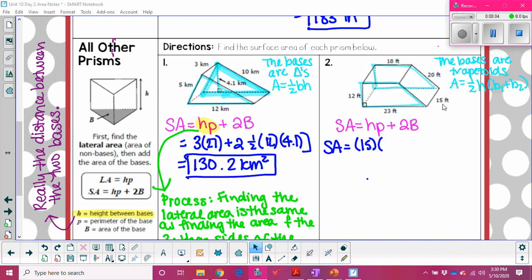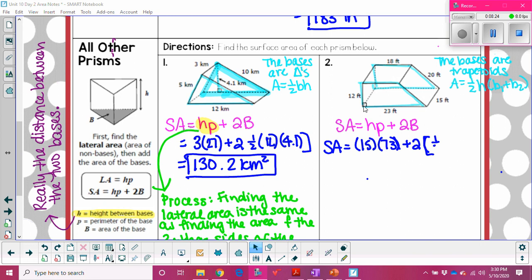Looking at this, we have 12 plus 23 plus 20 plus 18, which gives us 73. So the perimeter is 73, plus 2 times the area of the base. Remember the formula for the area of the base is what we wrote up there.